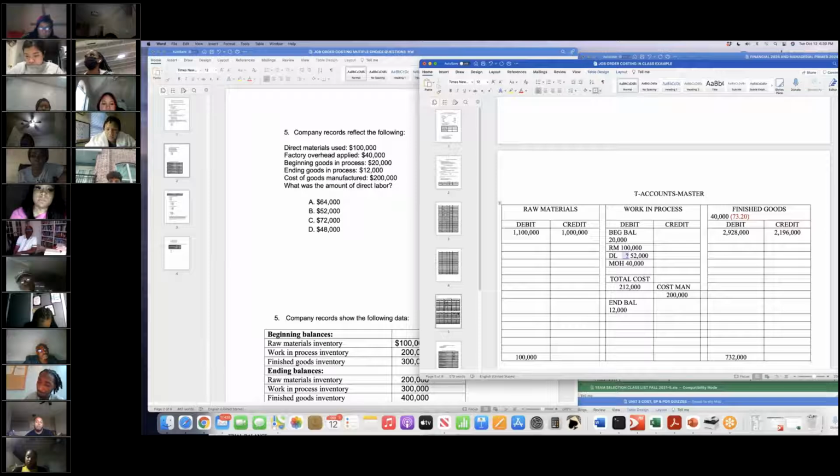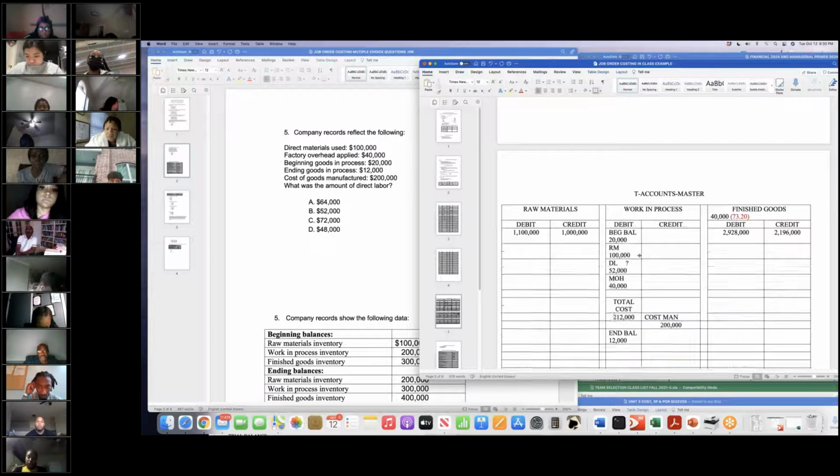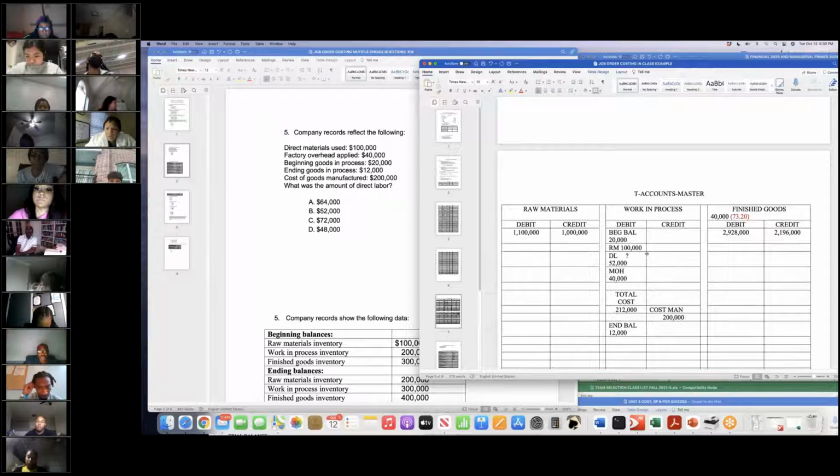Now you can put it in the equation too, but I just put it in the T account fashion where everything was known except this number.